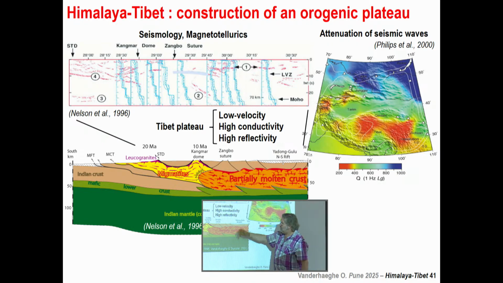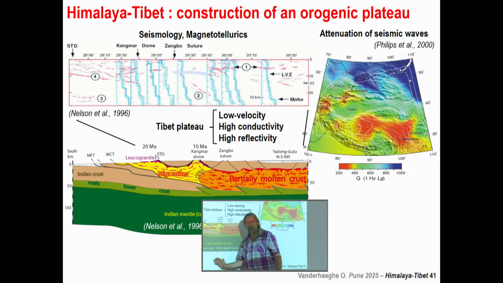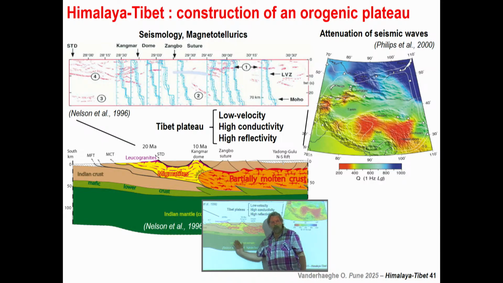What happens here? So that's the remaining questions. I'm not quite confident about that. Is where does this material come from? Because it's thick crust here. What are the solutions? It might come from the downgoing plate, if we accept subduction towards the north.